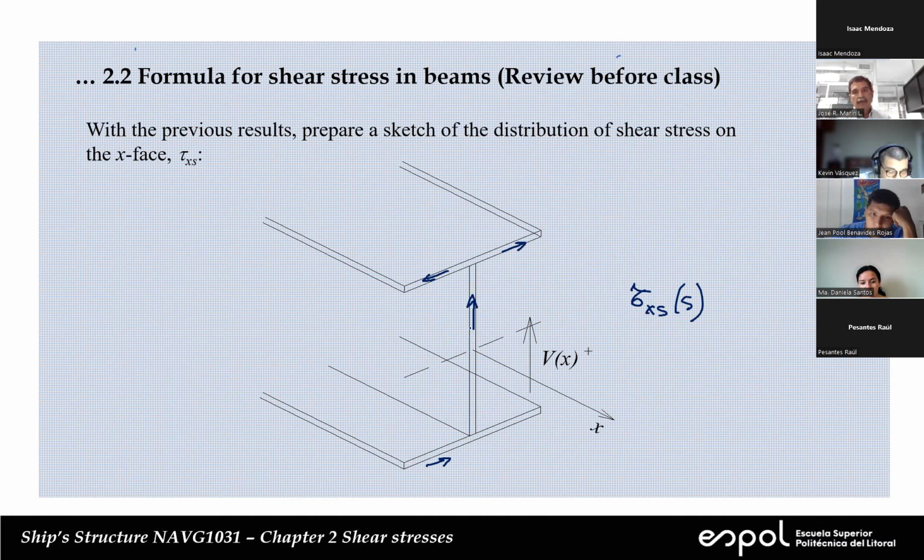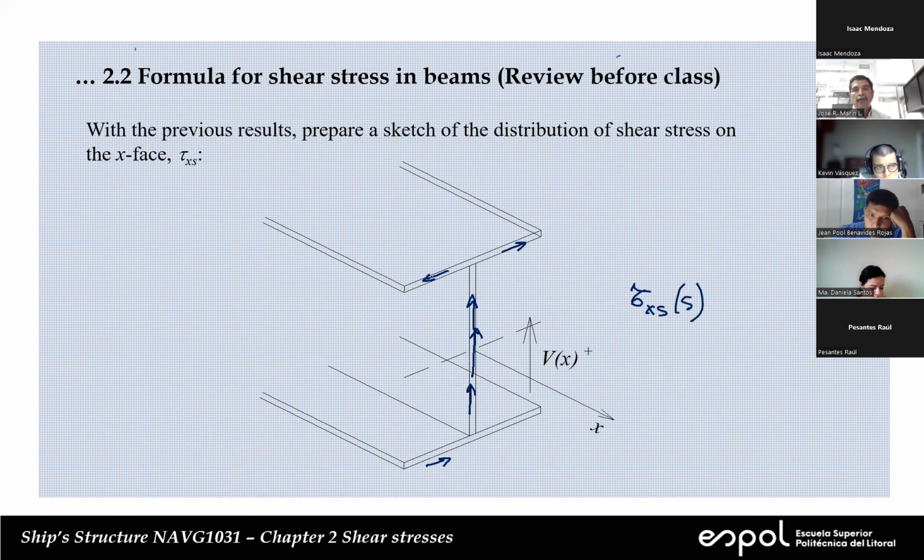That means that we're going to have the largest value in here. And then if we make a cut here, you can see that the Q is going to decrease. Why? Because we're adding material below the neutral axis. And that material will contribute with a negative first moment because the y average will be negative. So we're going to have something like this. They're going to decrease.